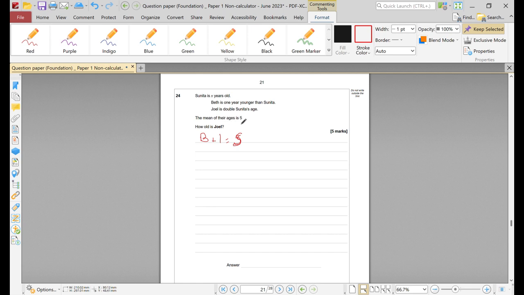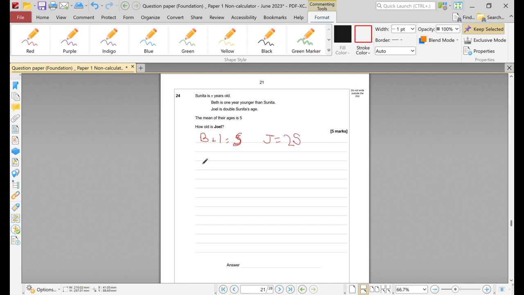Joel is double Sunita's age. So Joel is equal to 2 lots of Sunita's age. The mean of the ages is 5. How old is Joel?